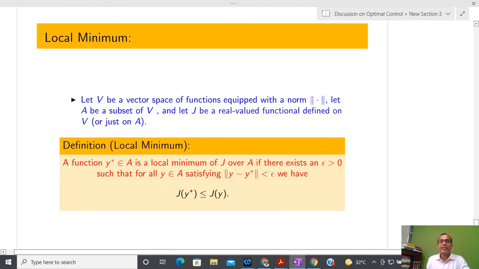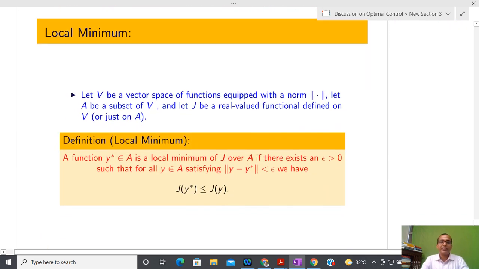Okay, now let us come to the local minima. Now we are able to identify the space. We know that our space is an infinite dimensional space, and each and every element in this space is in the form of a function. After that we know how to define the closeness in this space with the help of a norm.